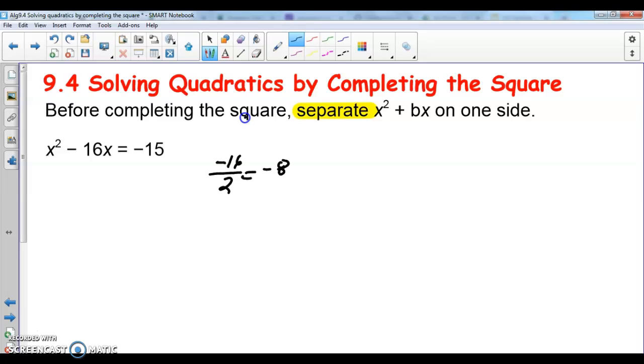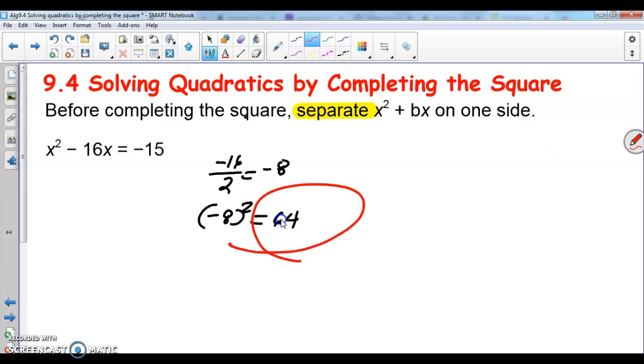So regardless of the sign, when you square that number, it will still become positive. Now this part that I'm writing here, if you can do it in your head, do so. You don't have to write it down on the paper. Remember, you're only doing this to find that value that you're going to add so that you will complete the square in the equation. So let's keep that in mind.